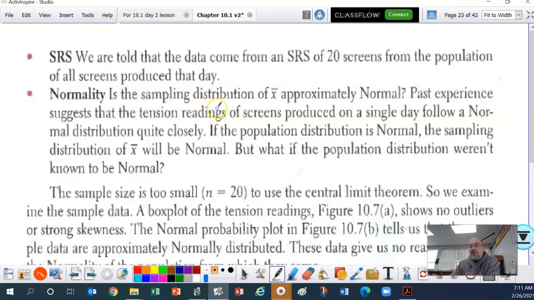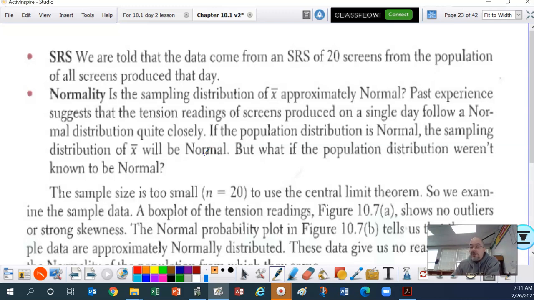So this is the question you're asking yourself, and that's not part of the answer: is the sampling distribution of X bar approximately normal? Past experience suggests that the tension readings of the screens produced on a single day follow a normal distribution quite closely. If the population distribution is normal, the sampling distribution of X bar will be approximately normal.